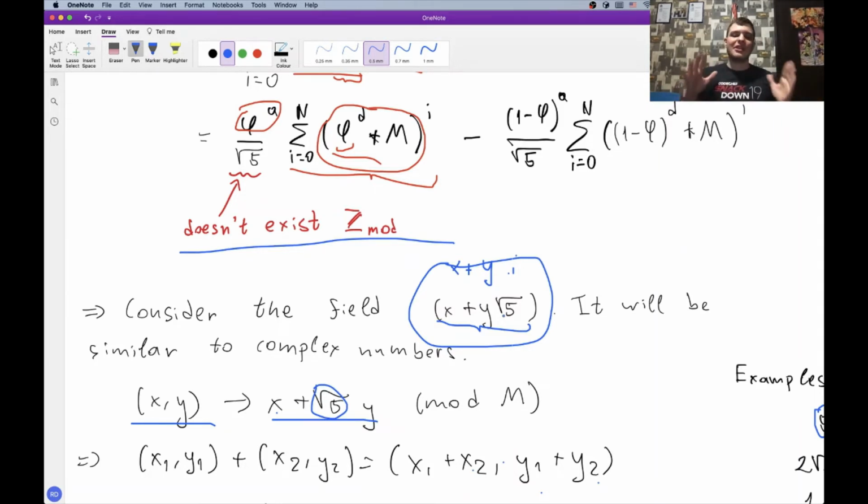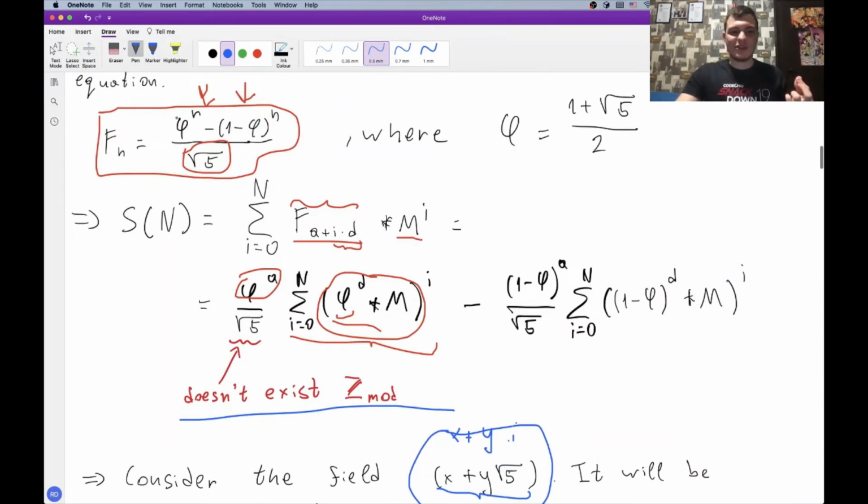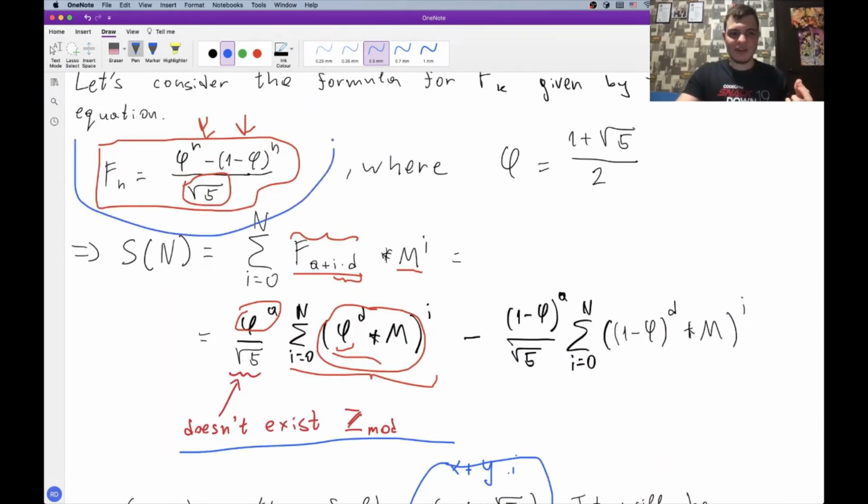Somewhere in between, maybe the y will be positive, but in our final answer only the x's will be non-zero. The y's will always be zero because we know that everything is an integer, because this formula in the end should yield an integer if we don't use any doubles.